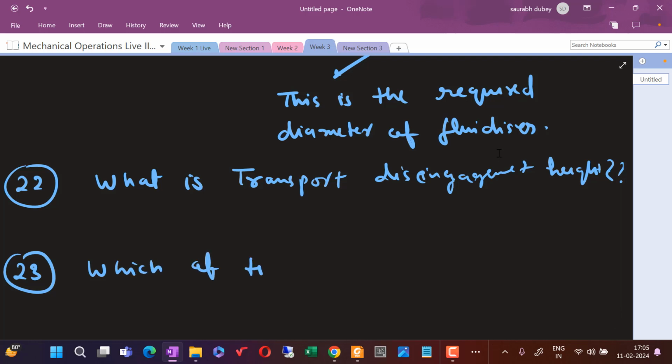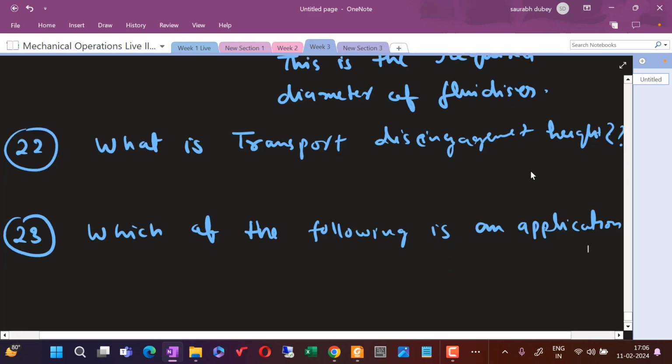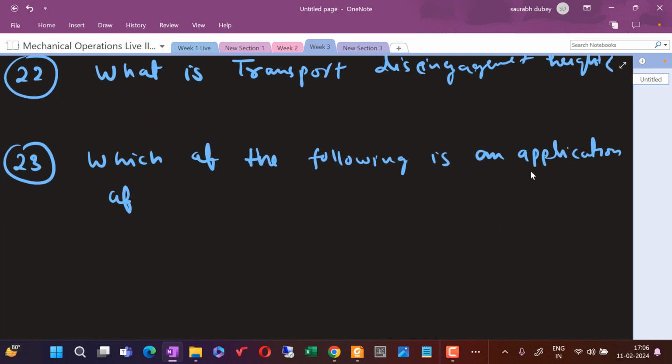Which of the following is an application of a fluidized bed or fluidization?